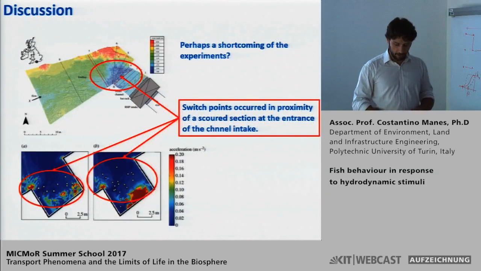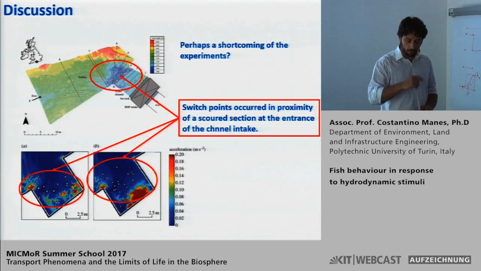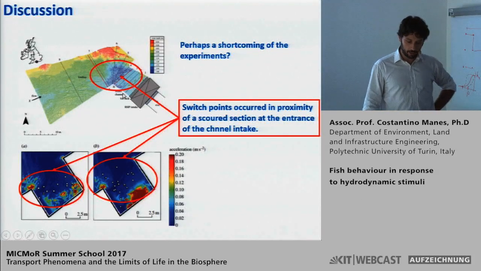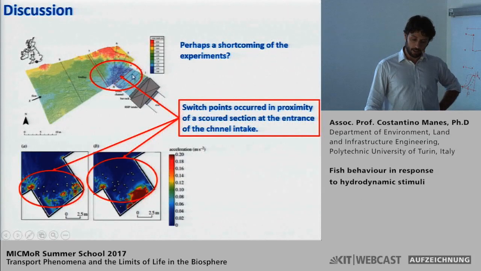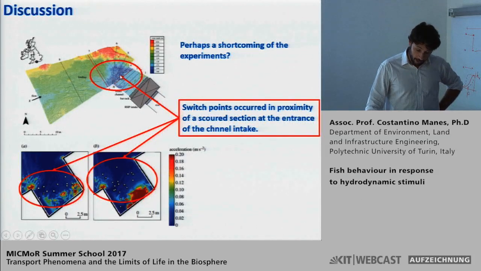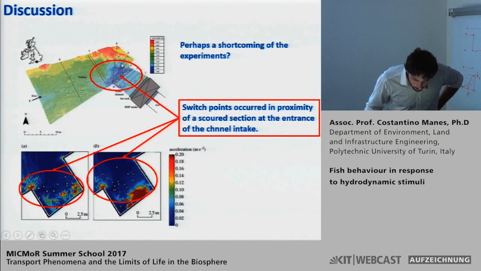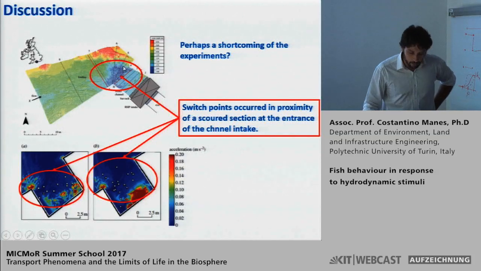Pressure gradient could be another option, or perhaps it was a shortcoming of the experiments. If you go back to the bathymetry map in here, there is a scoured region in here, which is, with respect to background, probably 30-40 centimeters.